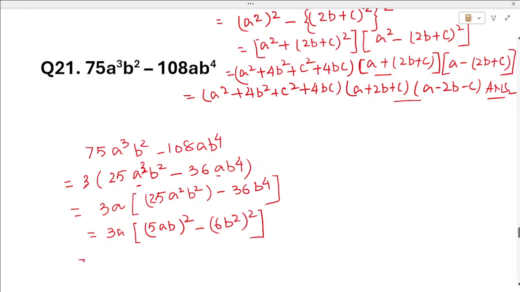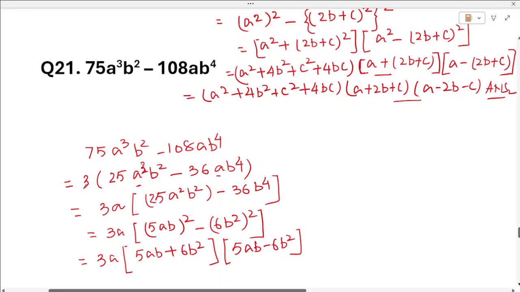Now it will become 3a, the sum of two terms, 5ab plus 6b square, and as a difference of two terms, 5ab minus 6b square. Correct.